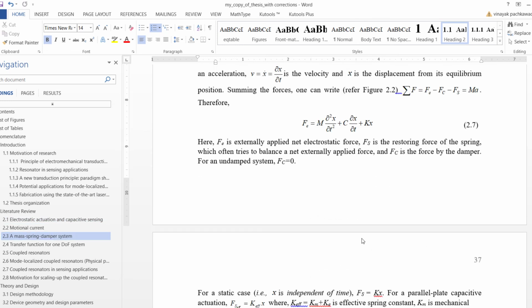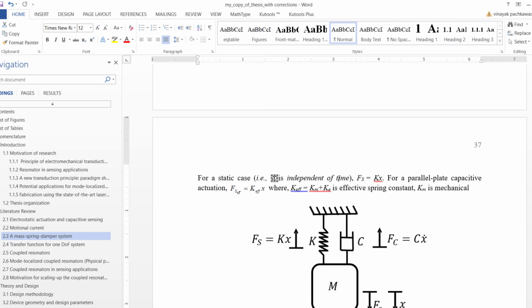We come back to this expression, and we see that x is independent of time, and we know that the restoring force is equal to k times x. So in case of parallel plate capacitive actuation, the effective spring force, that is Fs effective, becomes K effective times x. So just note these two expressions, this one and this one.